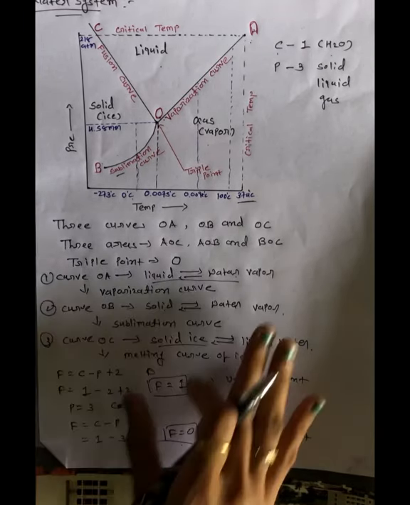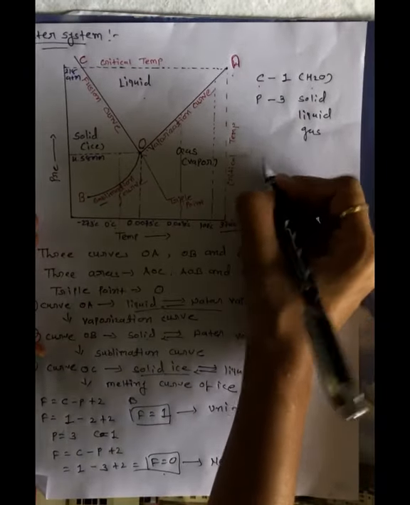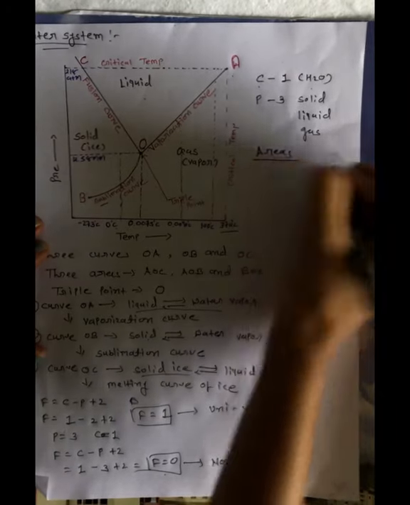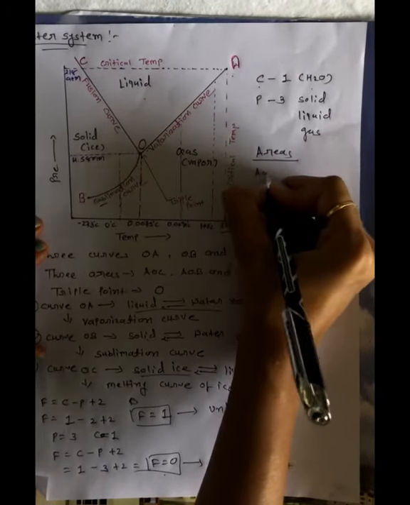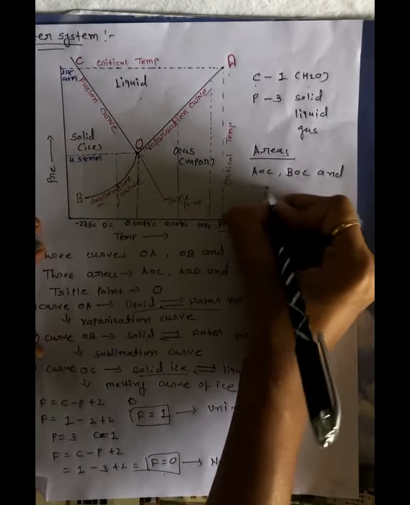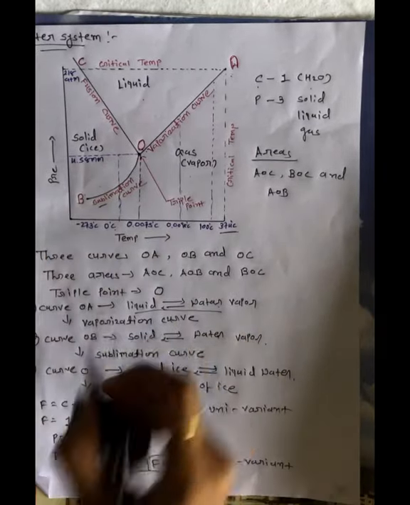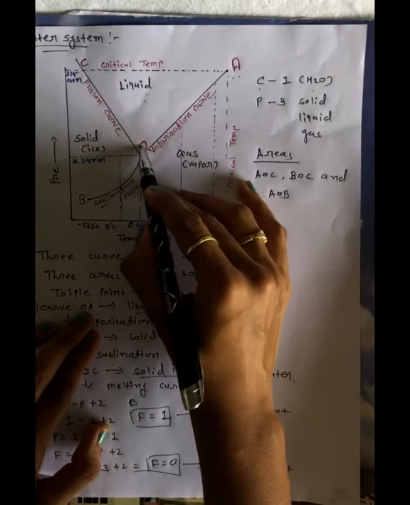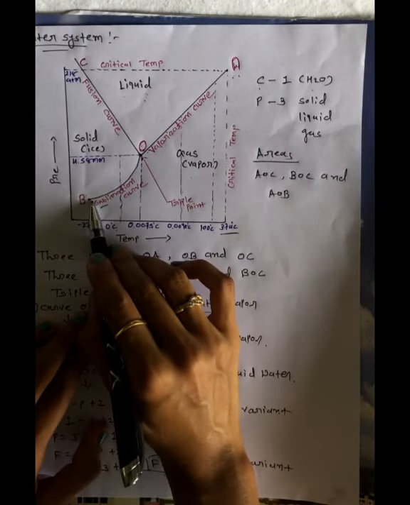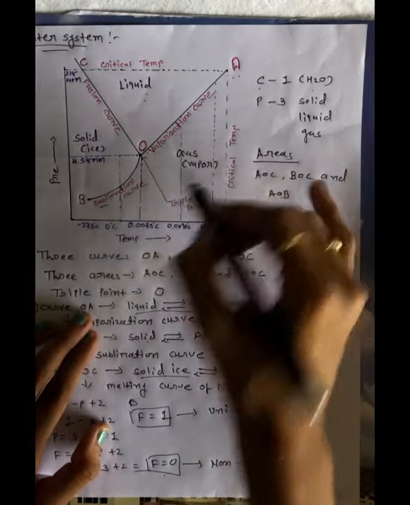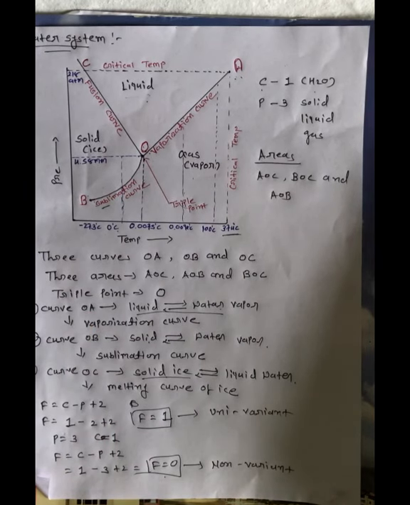Now areas. We can write here so you can understand by the figure. What are the areas? AOC, BOC and AOB. Now AOC only represents liquid. BOC only represents ice, and AOB only represents gas. So what is the degree of freedom?